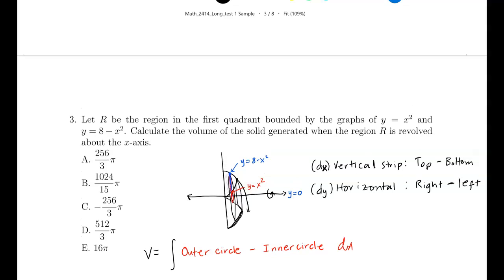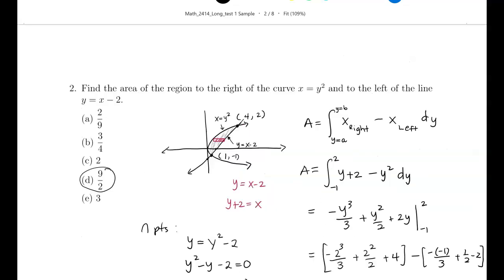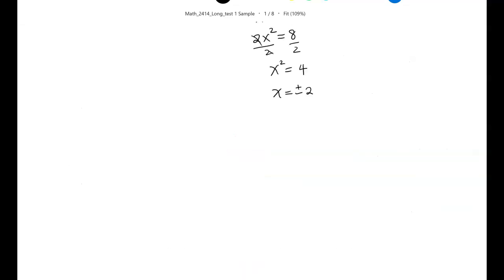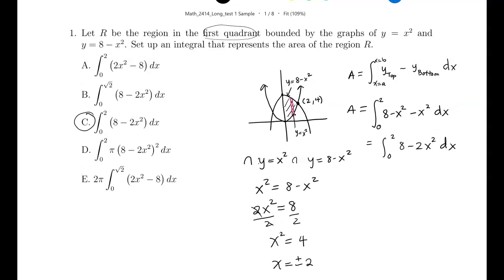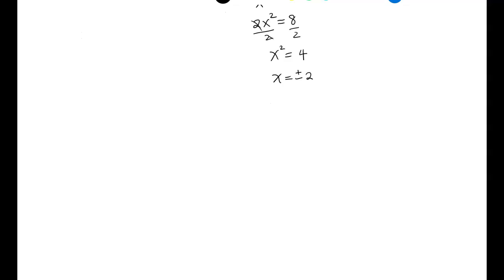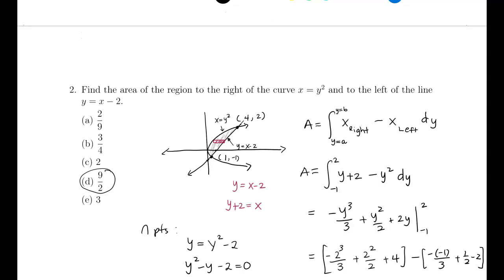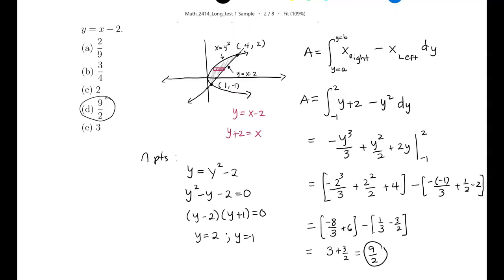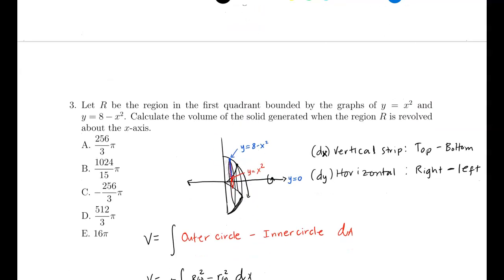Coming from the first computation, look at the first step here, that is the point (2, 4). So hold on, this is the point (2, 4). If it's a separate problem, you need to compute the intersection points.